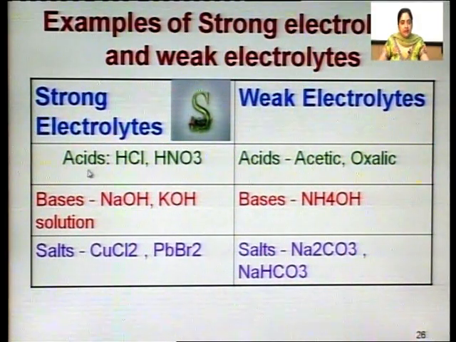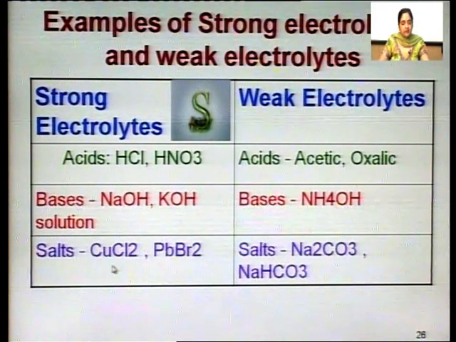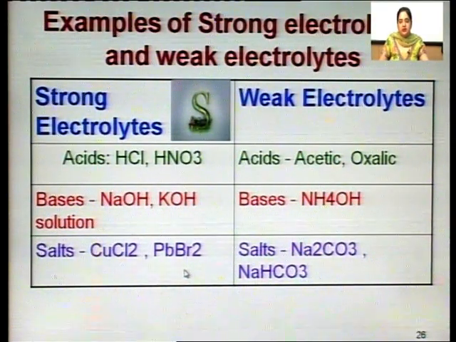Strong electrolytes: acids like HCl, HNO3, bases like sodium hydroxide and KOH, salts like CuCl2 and PbBr2.